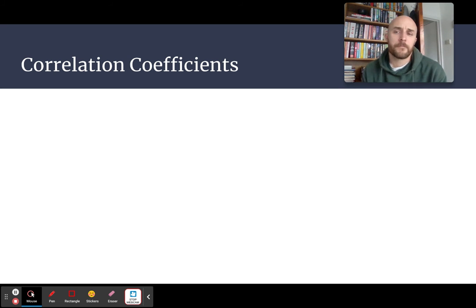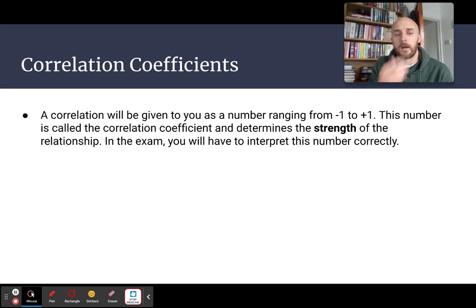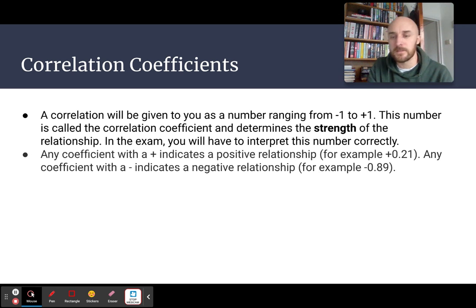It's a number from -1 through 0 to +1 that measures the extent to which you have a strong relationship between both variables. You do not have to calculate the correlation coefficient. You do not have to work it out, but you will definitely have to interpret it at some point across your 3 papers.